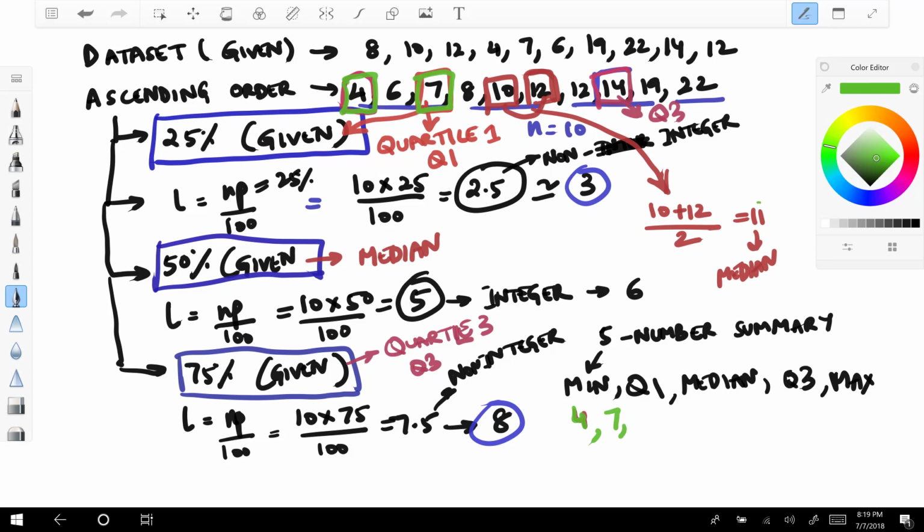Median is 11. Quartile 3 is 14. Maximum value is 22. So these 5 numbers describe the entire data set.